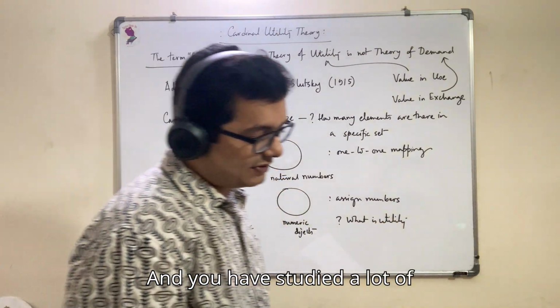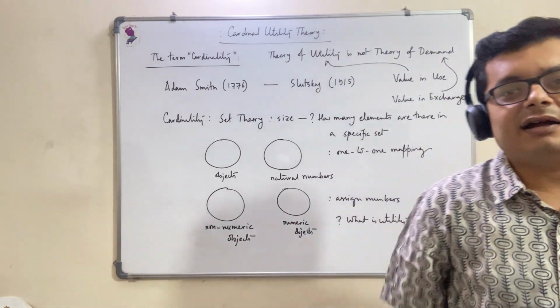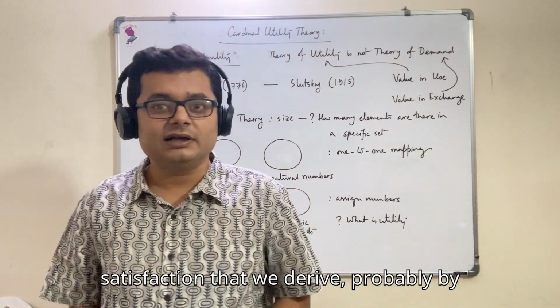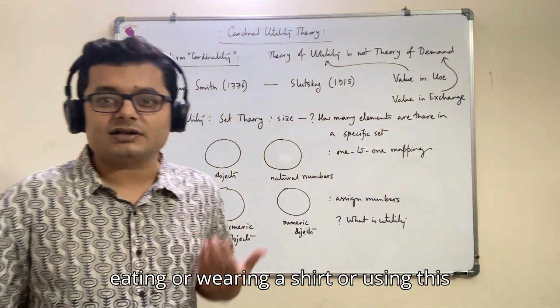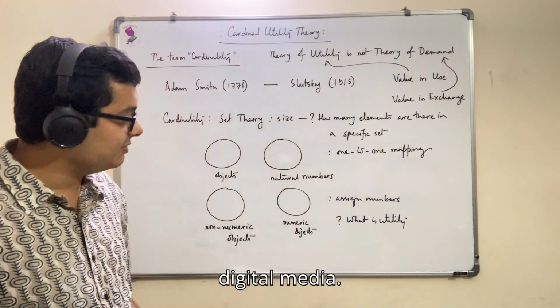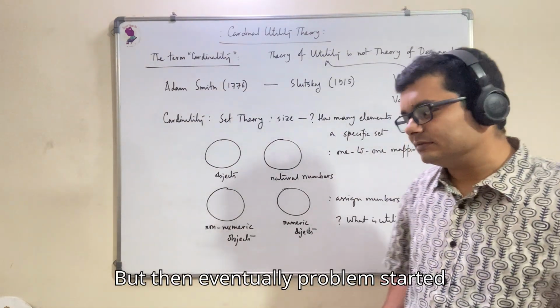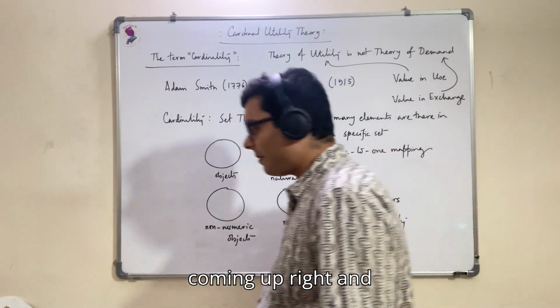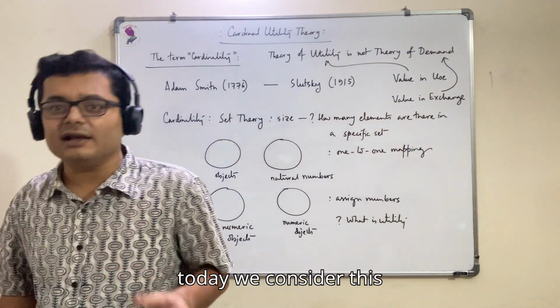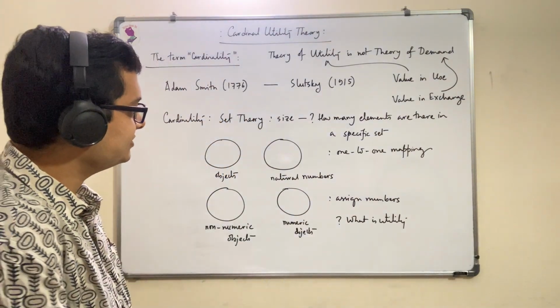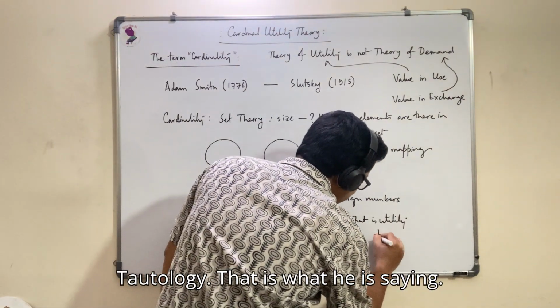And you have studied a lot of definitions, I understand that. In some definition it's the satisfaction that we derive, probably by eating or wearing a shirt or using this digital media. But then eventually problems started coming up, right? And today we consider this term as a tautology.